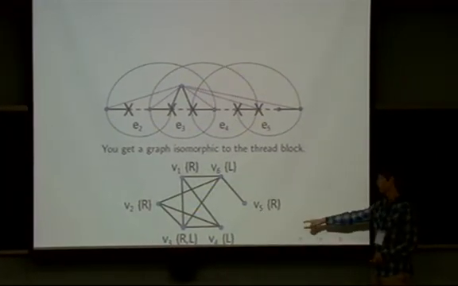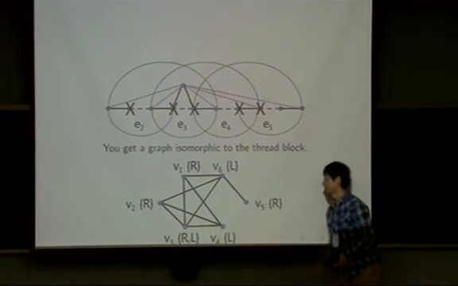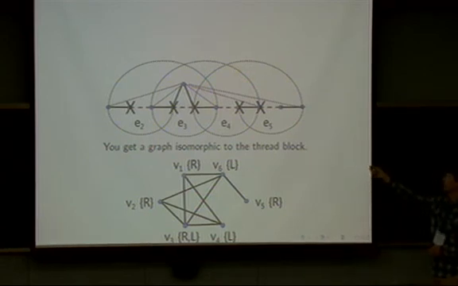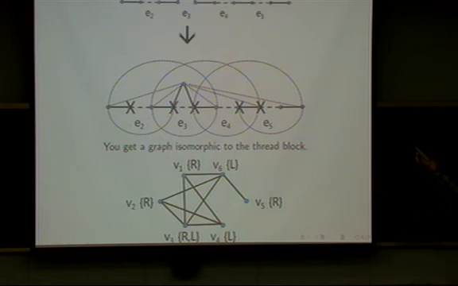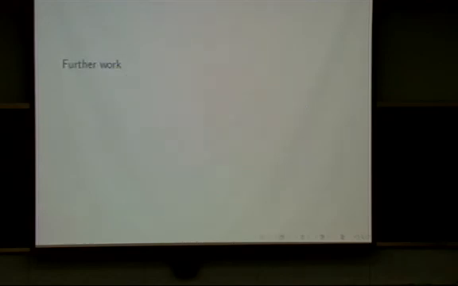And if, for example, V4 has the label L, then you delete the right vertex of E4. Then you get the thread block. Actually, you get that the thread block is a vertex minor of the original path. So every thread block is a vertex minor of a path. This is the whole proof.